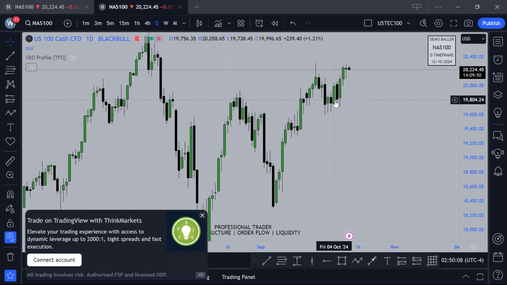It closed above the mean threshold of this order block. So then on Tuesday, the market opened, traded lower, respecting this order block. As you can see here, the open was above the mean threshold. So the wicks did the damage, but the body told the story.